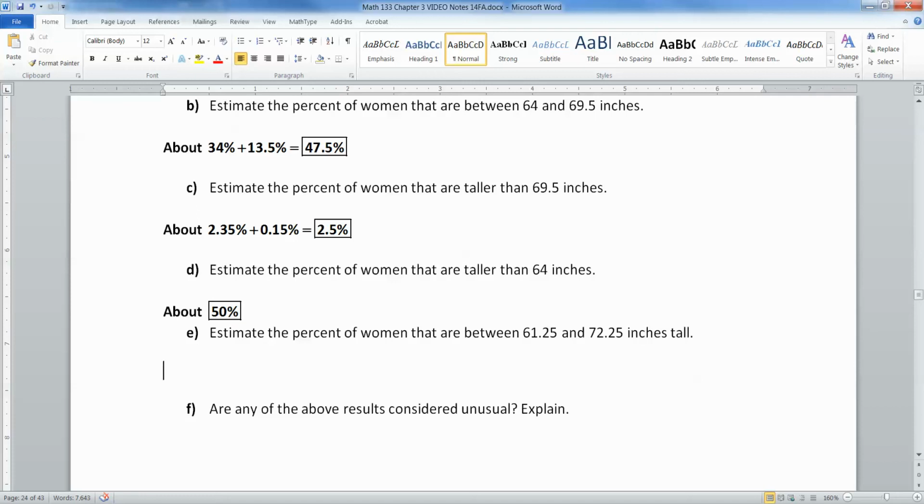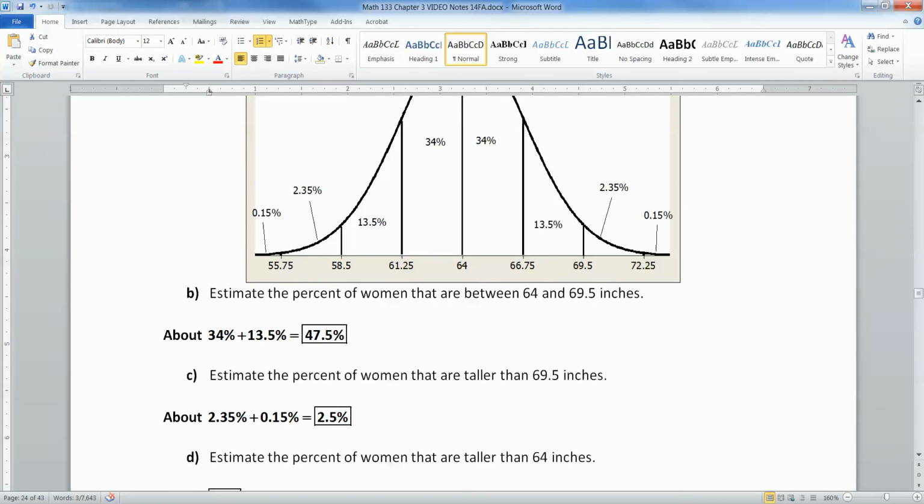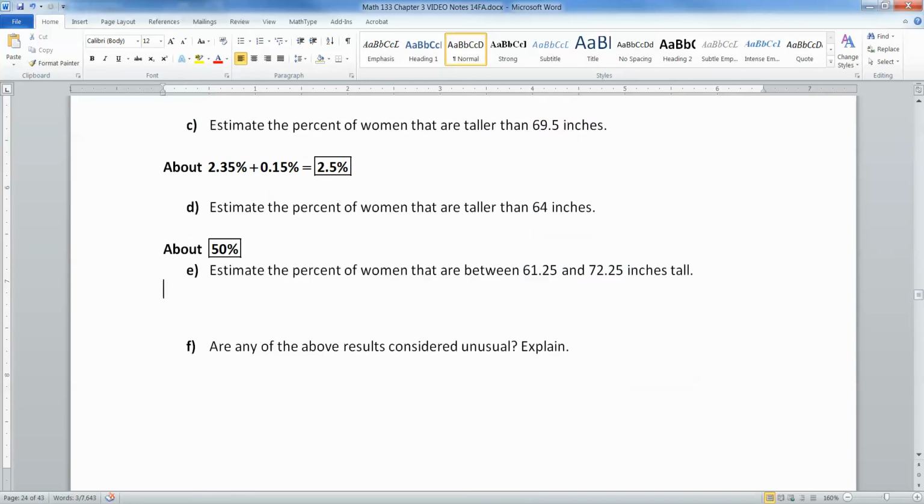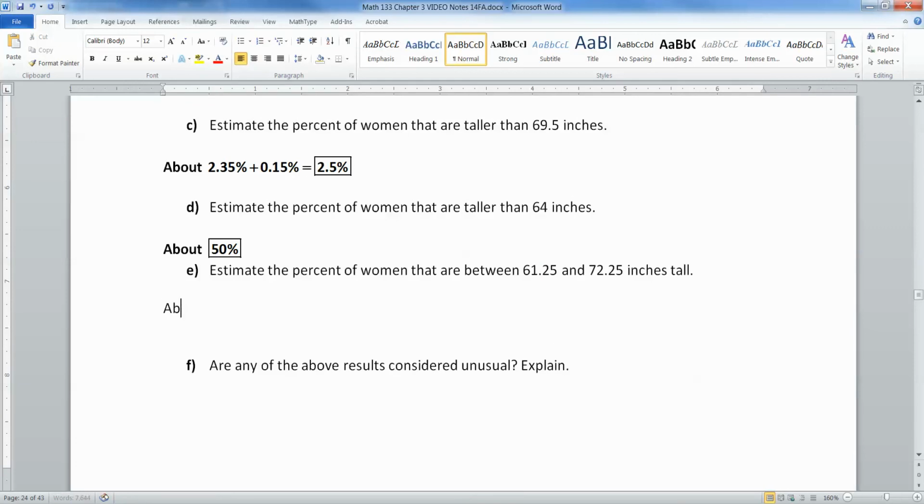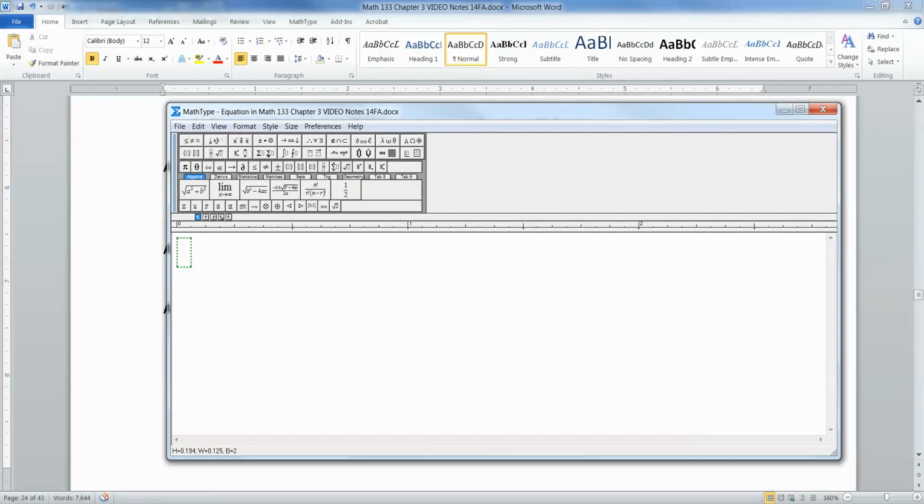Now, what percentage of women are between 61.25 and 72.25? All right, 61.25 is over here on the left, all the way up to 72.25, but stopping there. So we're going to add, let's see, it was 13.5% plus 34% plus 34%.